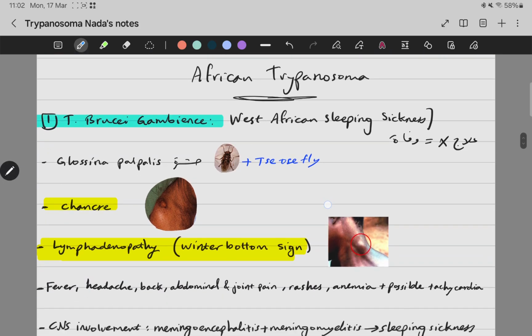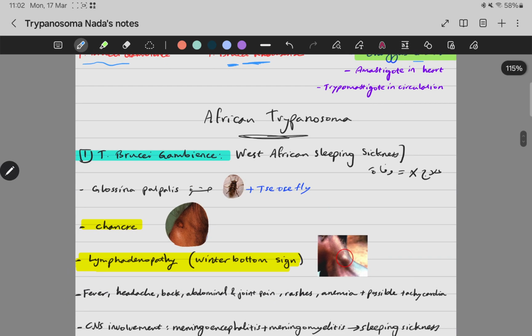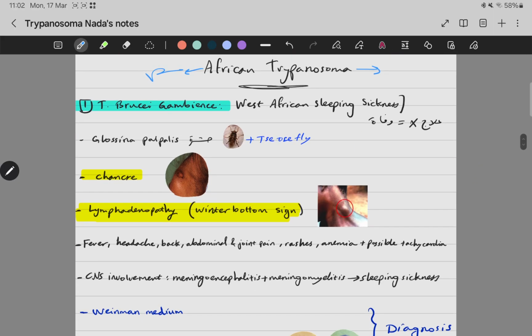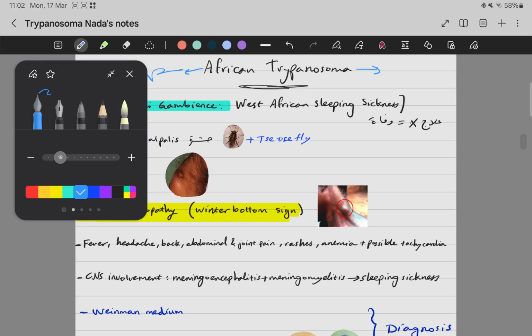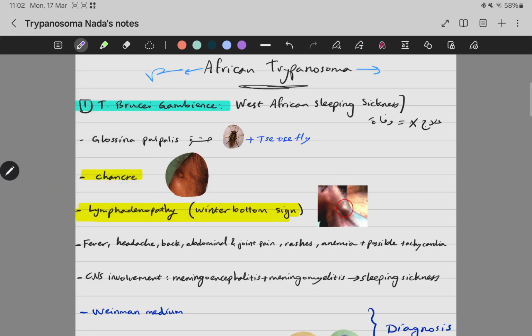So for now, number one, African Trypanosoma, as I said, has two different types, rhodesiense and gambiense. Trypanosoma brucei gambiense is a parasite that causes West African sleeping sickness, a dangerous disease that, if not treated, can lead to death.